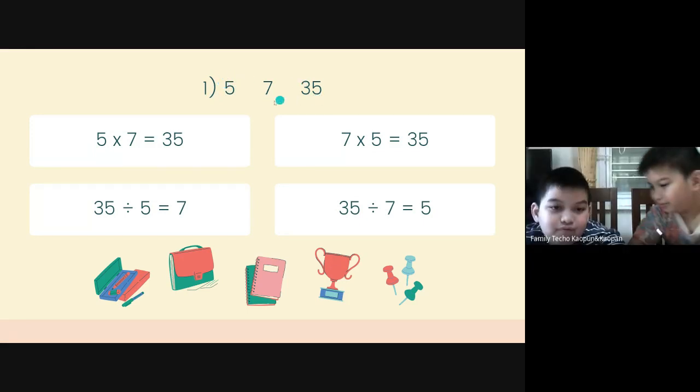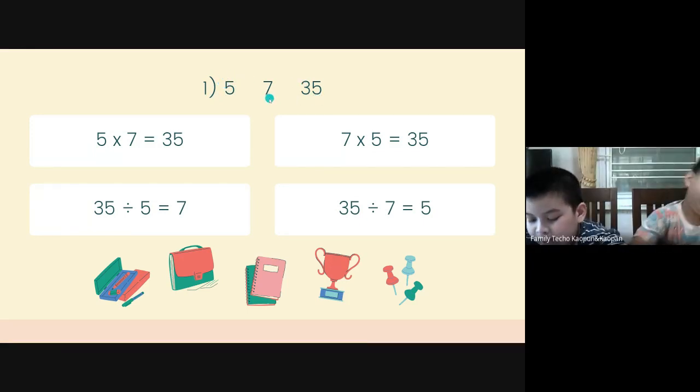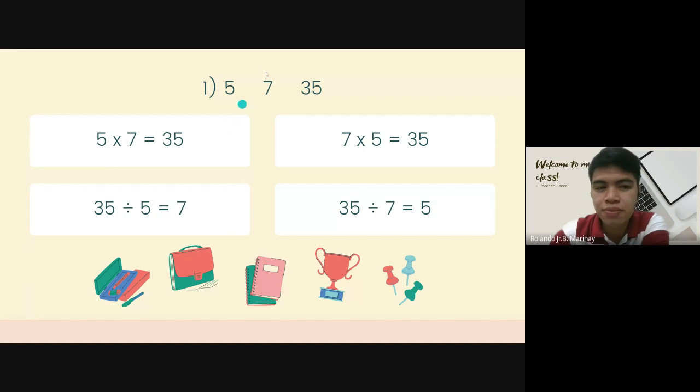5 plus 7 equals 35. Okay, very good. We're just going to use 3 numbers and 2 operations, the multiplication and the division. We can interchange them.